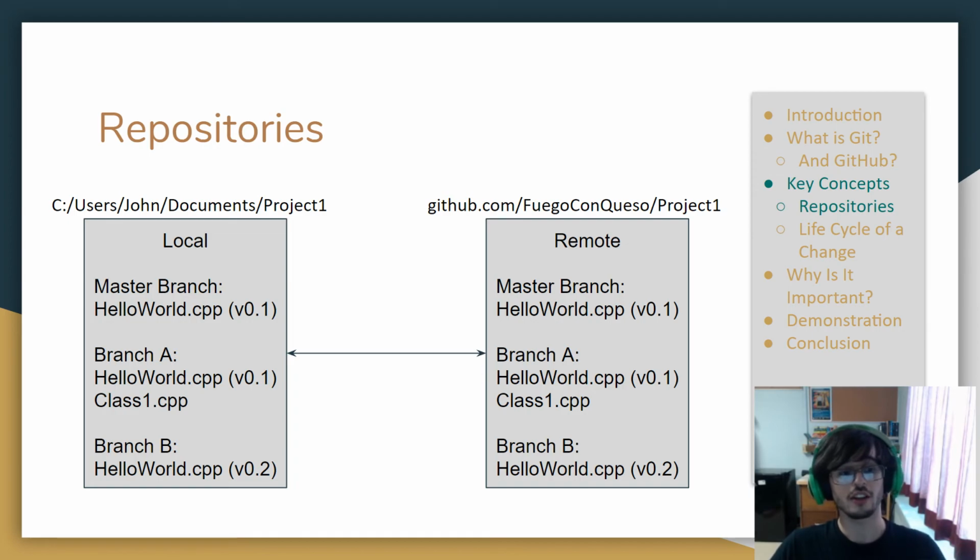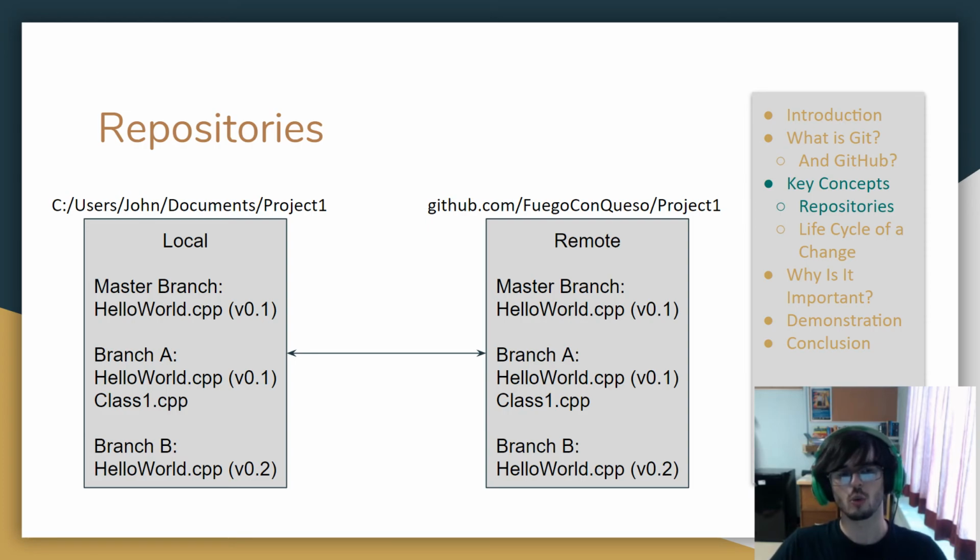If you're on branch A, you will see the same version of Hello World, but you'll also see Class1. And branch B, you will see a different version of the Hello World, but you're not going to see that Class1 file. So it actually changes what you're seeing in that folder as you switch between branches. Additionally, this is kind of showing a system in sync, like we have everything on our local matched on a remote.